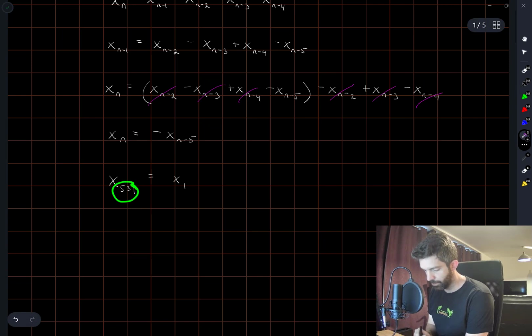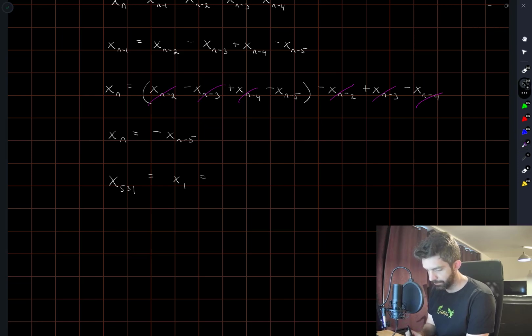Going from 531 down to 1, I've subtracted 530, so I've done this minus 5 thing an even number of times. x753 is going to be equal to x3 for similar reasoning.